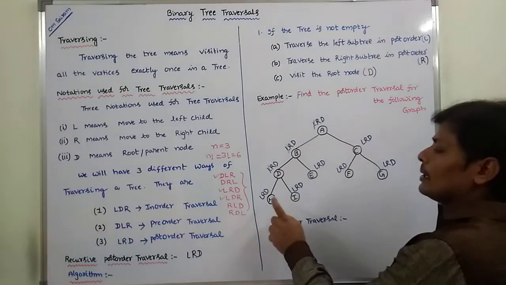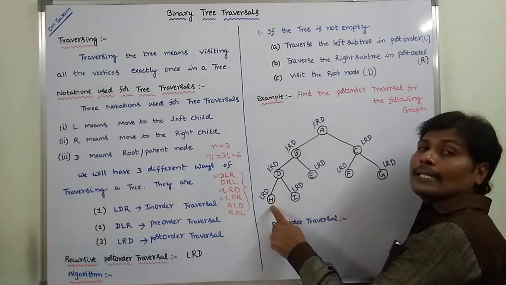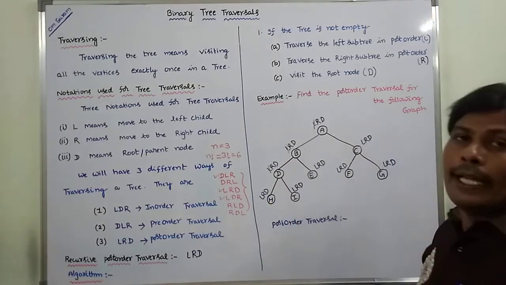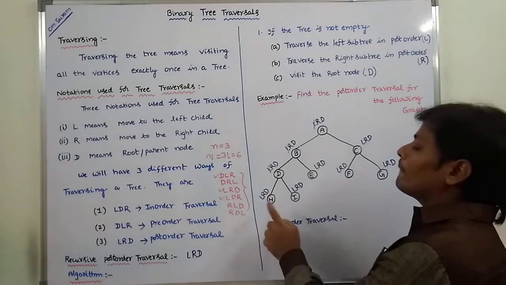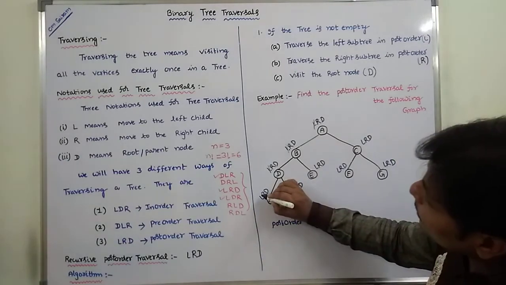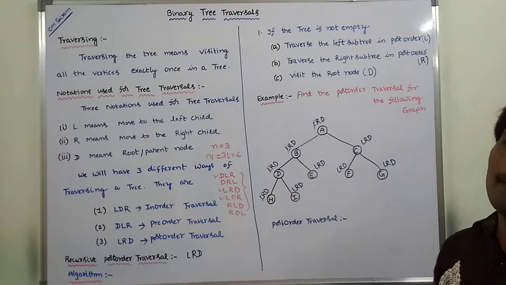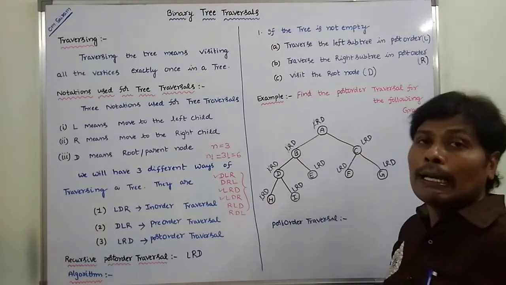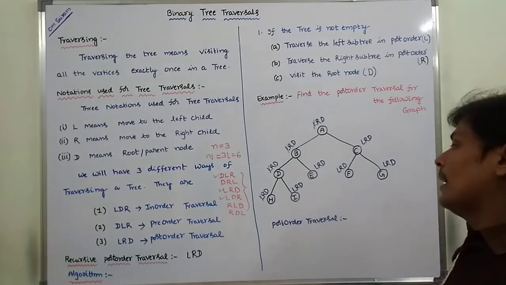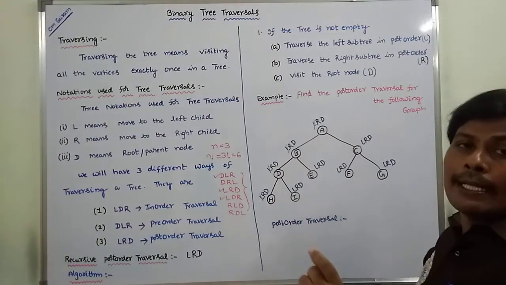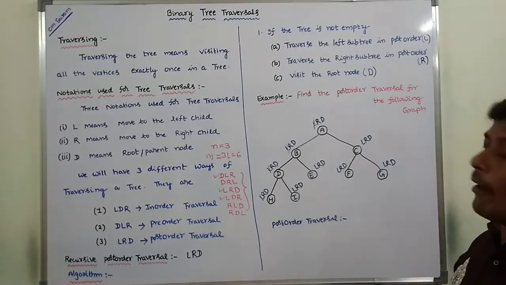Next, here node H is there in the left subtree. At H, three letters are there, L, R, D. First letter is L. Strike out L and go to the left subtree. Here there are no nodes on the left subtree. Next letter is R. R means traverse the right subtree in post order.